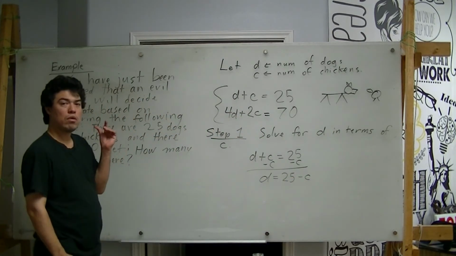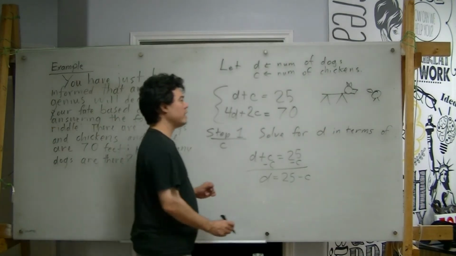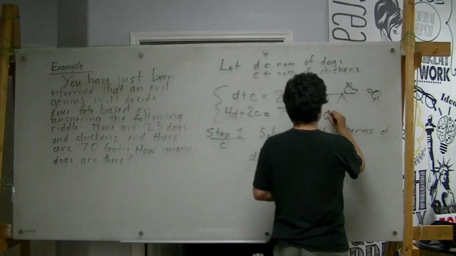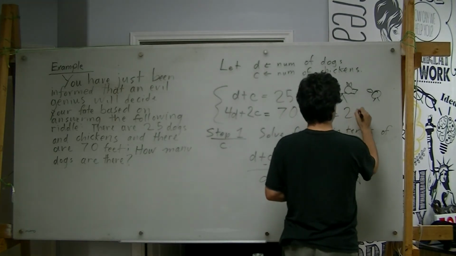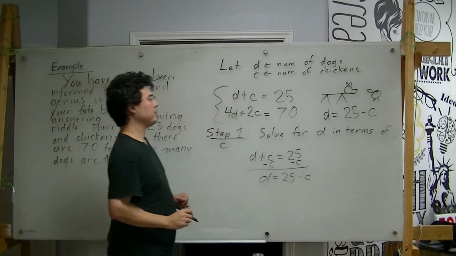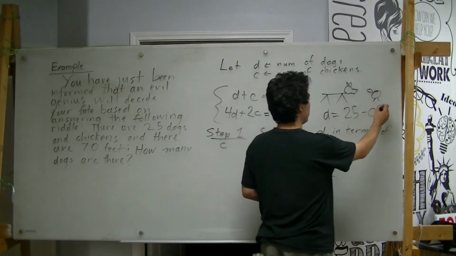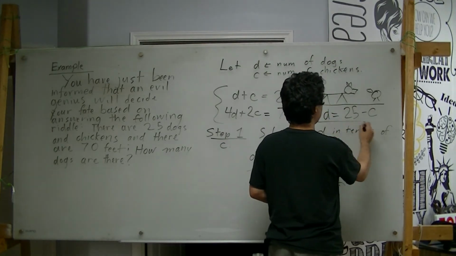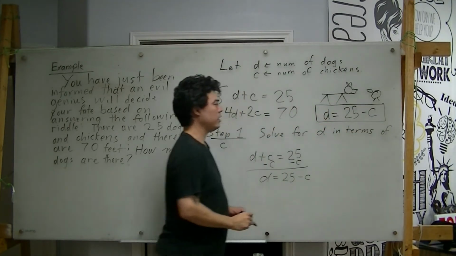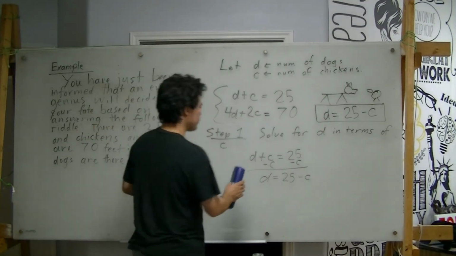So we have now gotten D in terms of C. And I'm going to write that here. D equals 25 minus C. Okay? Let me put that in a box so that we don't forget the significance of the result of step 1.